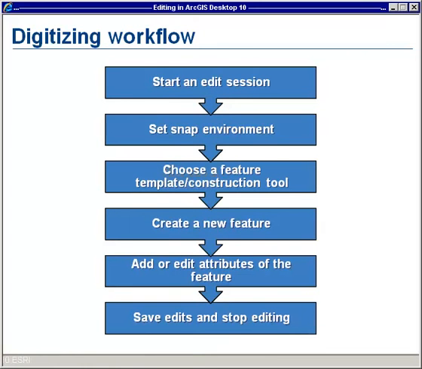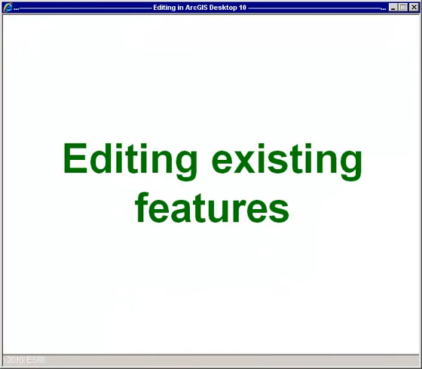After you're done, you save your edits as always, and you stop editing. At the moment when you stop editing and save your edits, that's when your features are committed to the underlying database. Let's move on to our second topic for today, which is editing existing features.